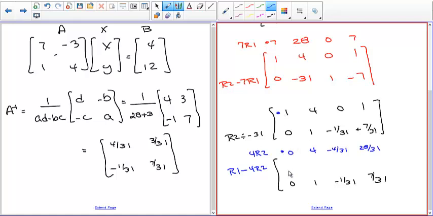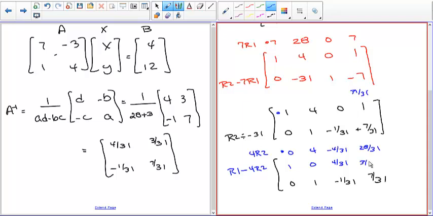So 1 minus 0 is 1, 4 minus 4 is 0, 0 minus negative 4 over 31 is positive 4 over 31, and 1 minus 28 over 31. Well, this is 31 over 31. So 31 minus 28 is 3.